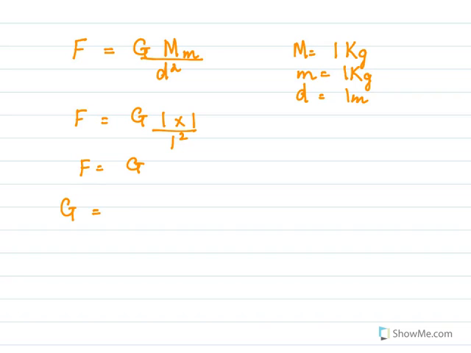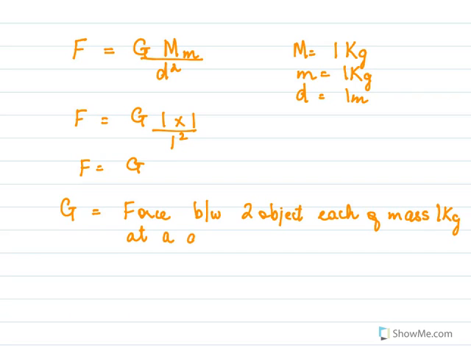So G is equal to the force between two objects, each of mass 1 kg, at a distance of 1 meter.